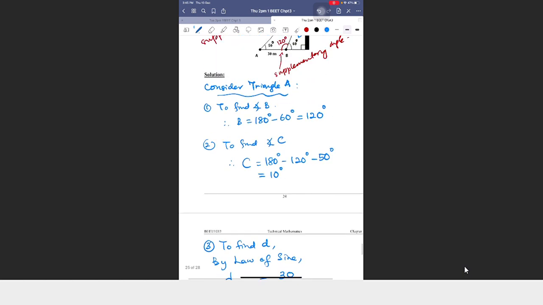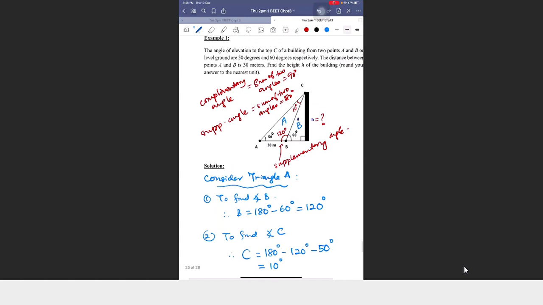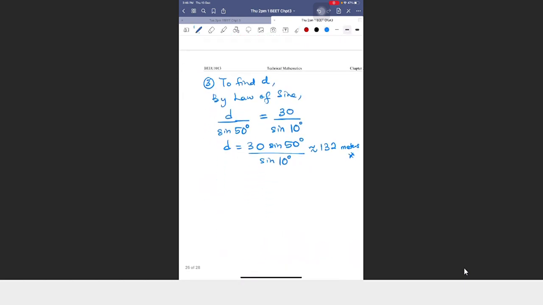Now we want to find H. We can find H because we have found D. So now we can find our H based on triangle B. So consider triangle B, and straight away you are going to find H, the height.